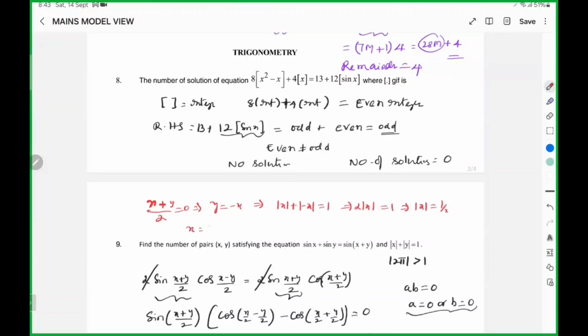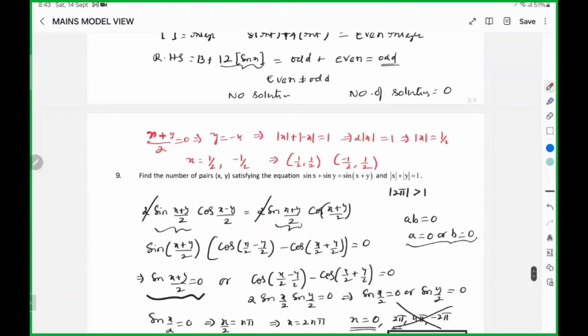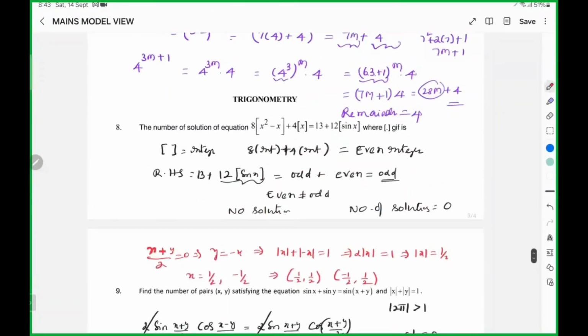That means x is half or minus half, which implies half comma half is one solution, minus half comma half. So you have totally 6 solutions. Number of solutions.